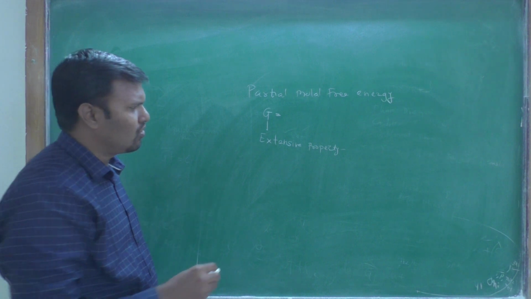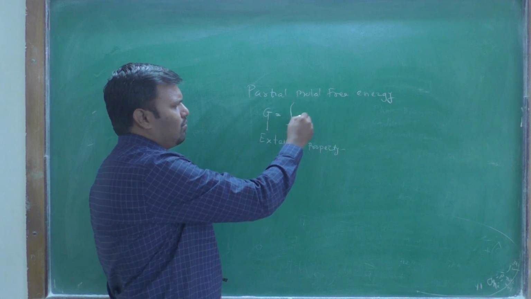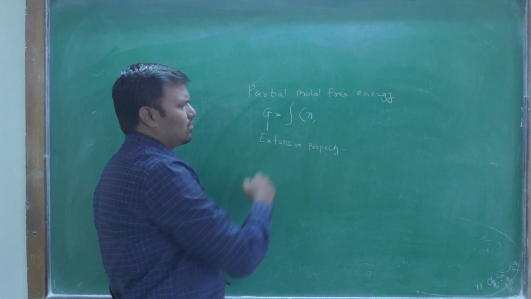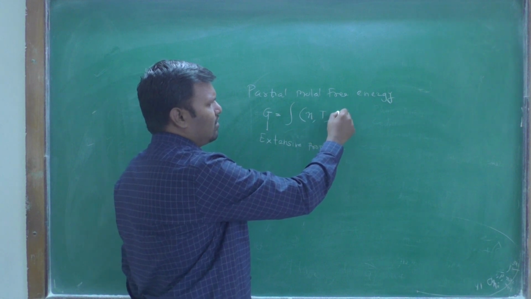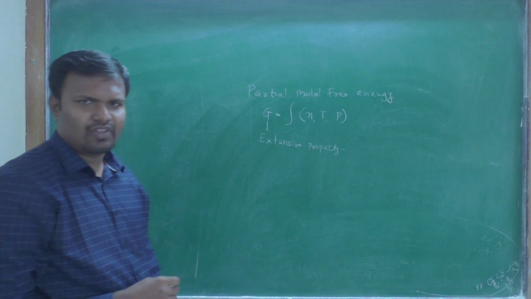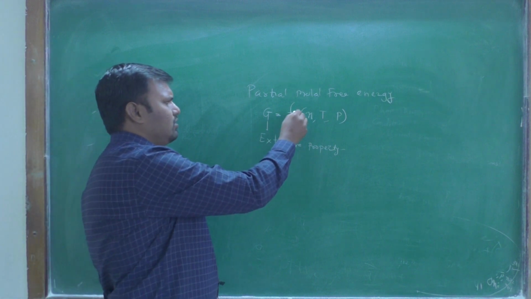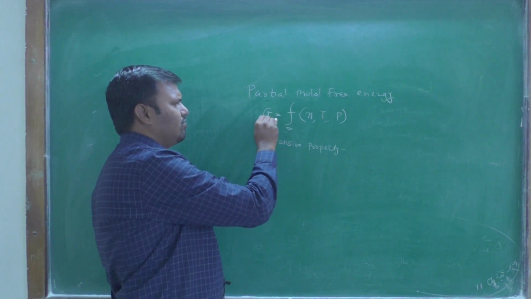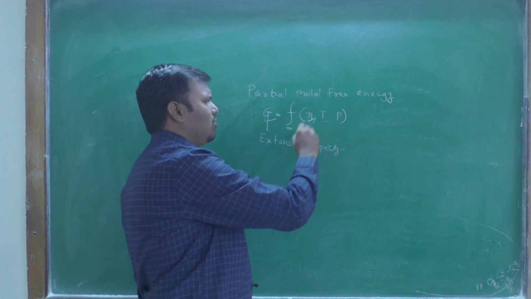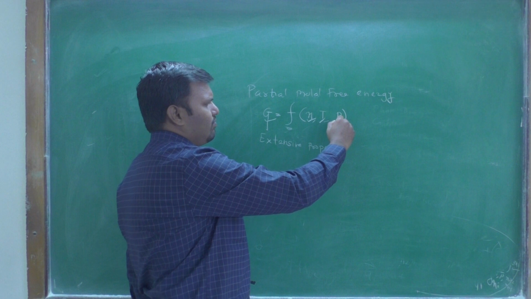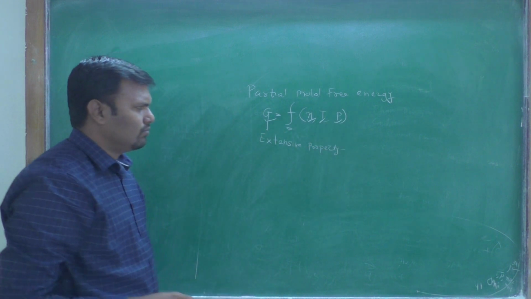Therefore, it depends upon the number of moles along with a particular temperature and pressure. So the free energy is a function of the number of moles, the temperature and the pressure.